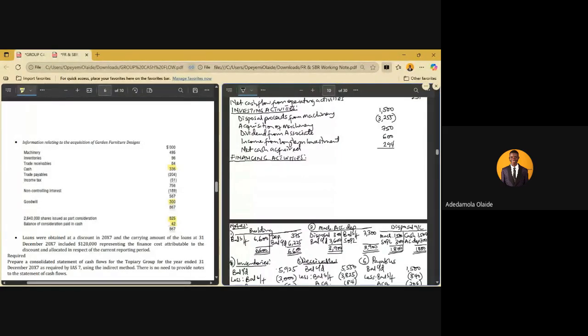The net cash flow from investing is 111 in bracket. Net cash flow from investing activities.